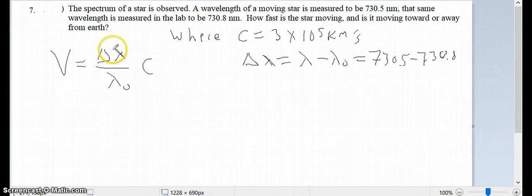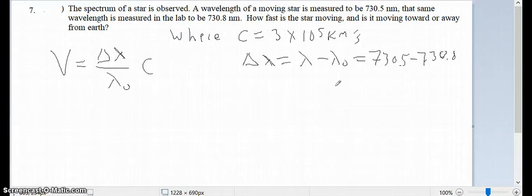And remember that this delta lambda, which is the moving wavelength minus the rest wavelength, or the wavelength in the lab, if that turns out to be positive, then that means it's moving away from us, or it's red shifted. If it turns out to be negative, that means it's blue shifted or moving towards us.